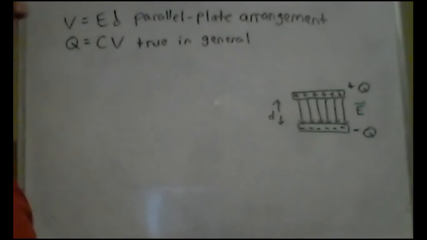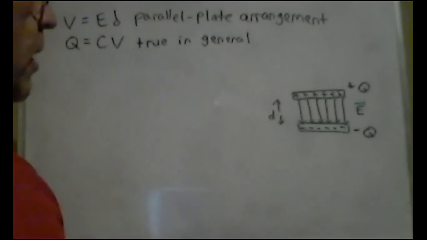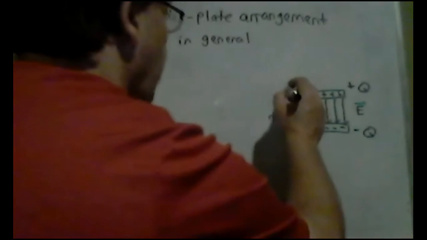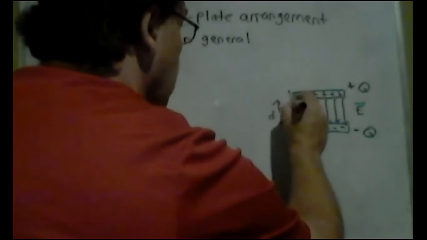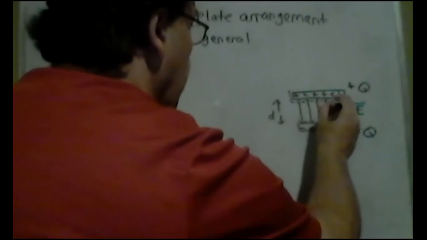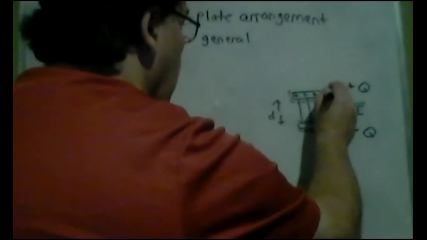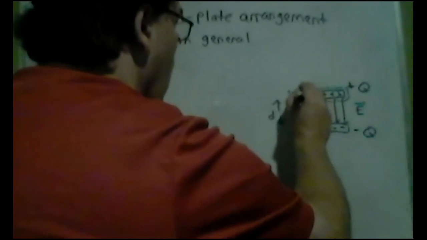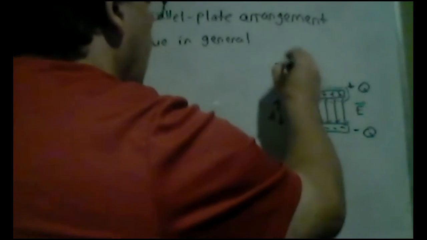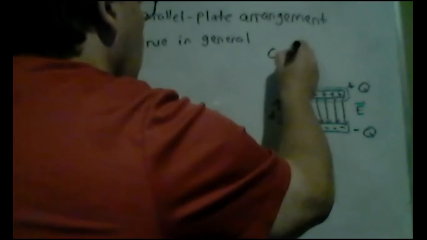So I'm going to draw a very tight, normally in physics, we refer to this as a Gaussian pillbox. We're going to draw a very tight Gaussian surface about the positive plate. So very, very tight. And remember, this is called a Gaussian surface.